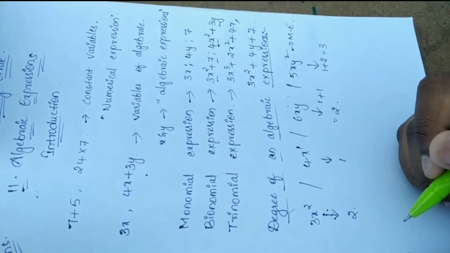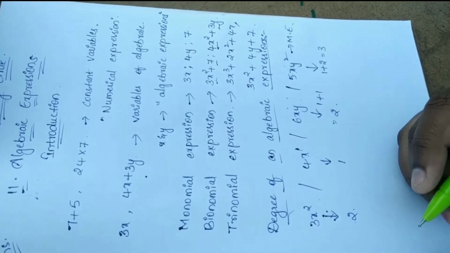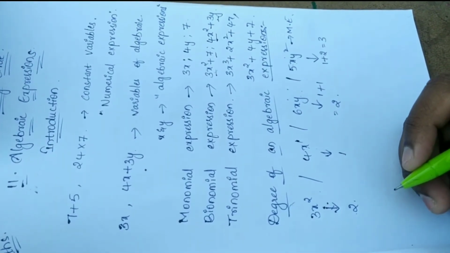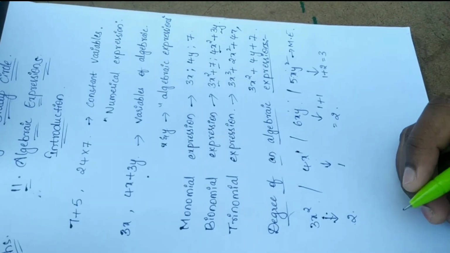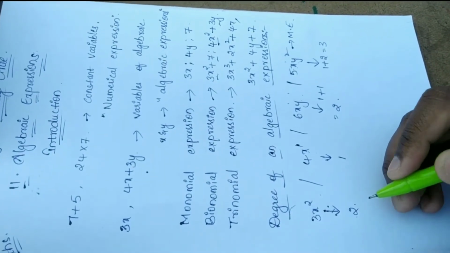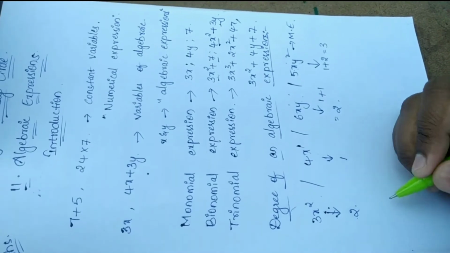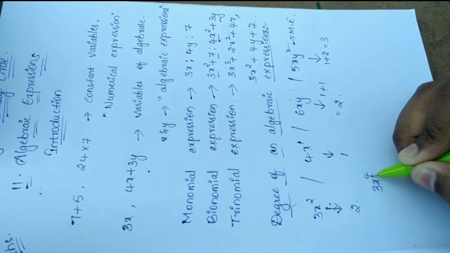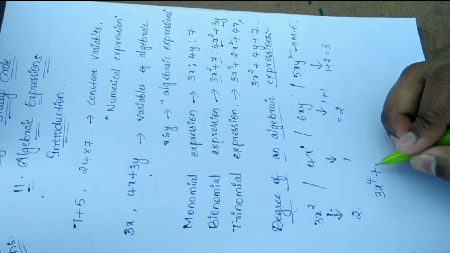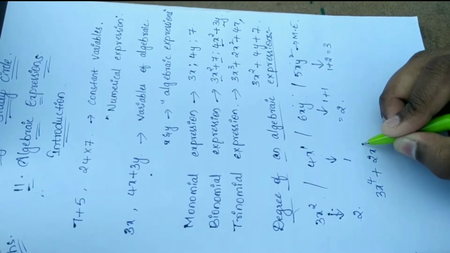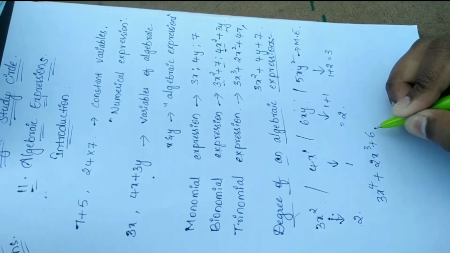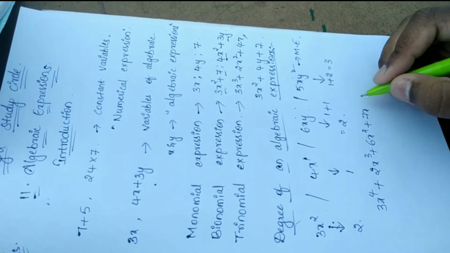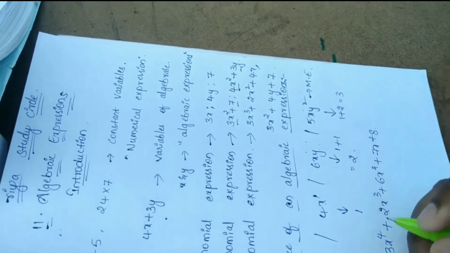Next, if we take algebraic expressions, then how do we calculate the degree of expression? Let's see. An algebraic expression is 3x power 4 plus 2x cube plus 6x square plus 7x plus 8.